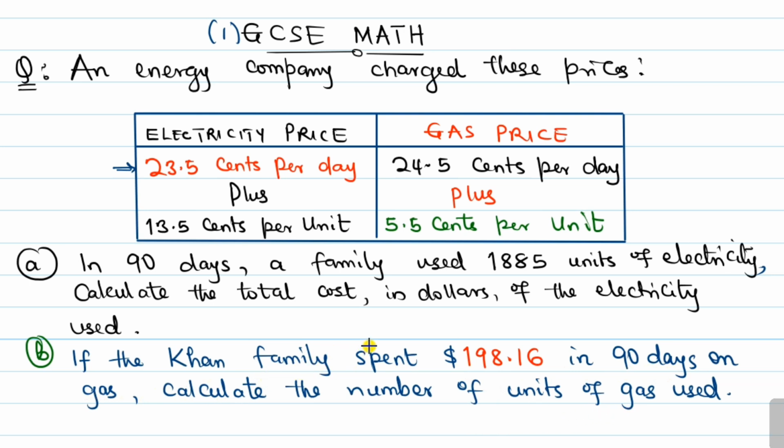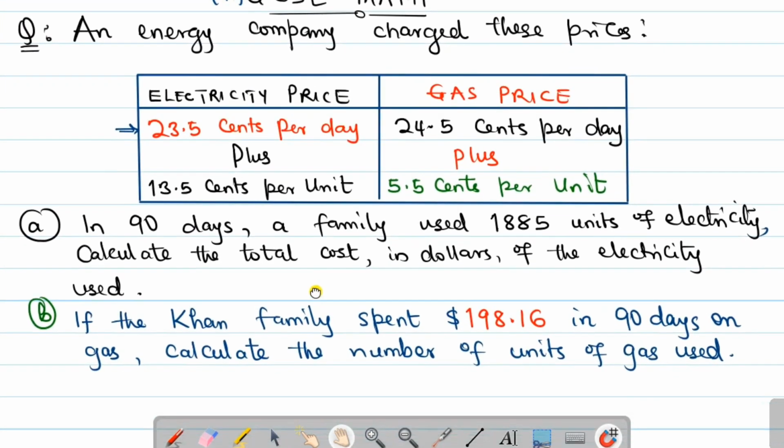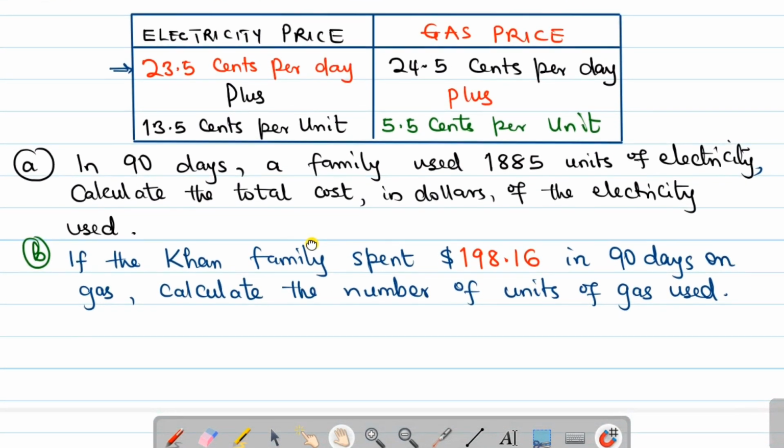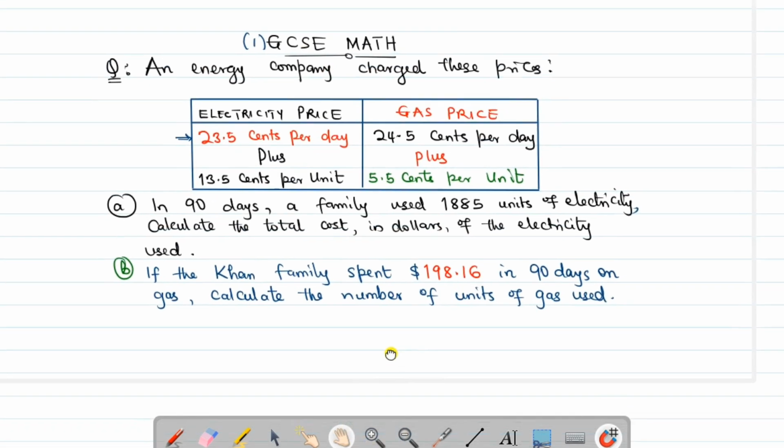So these are two questions in opposite directions. The first asks us to calculate the amount when the number of units is given, and the second asks us to calculate the number of units when the amount is given. So let's get into it.